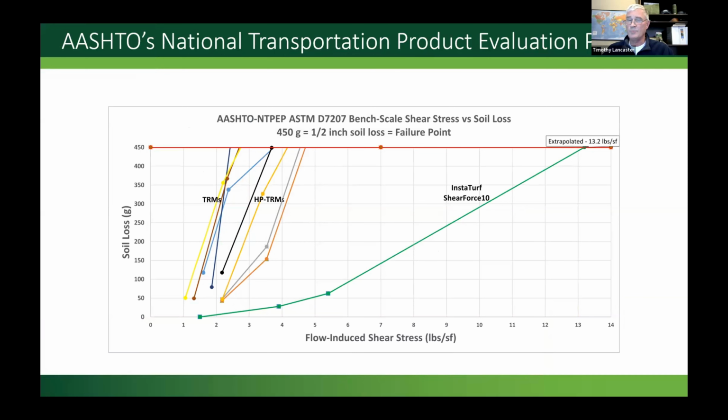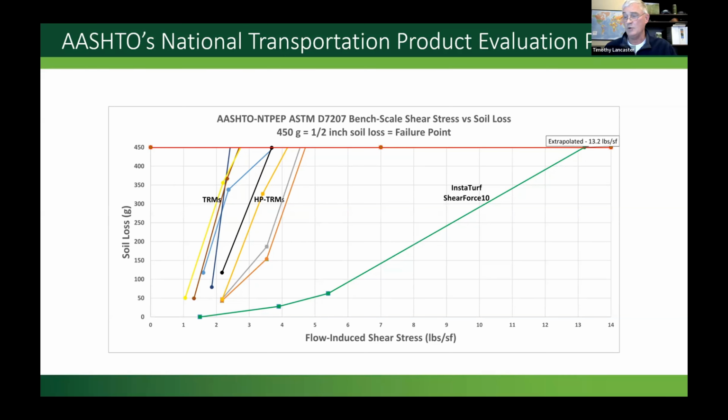We had submitted the product to the AASHTO National Transportation Product Evaluation Program. I don't know if y'all are familiar with this program or not, but it's a pure third-party testing program, and they run this for an AASHTO program. It's run basically for DOTs to use for developing product APLs as well as maintaining those APLs.